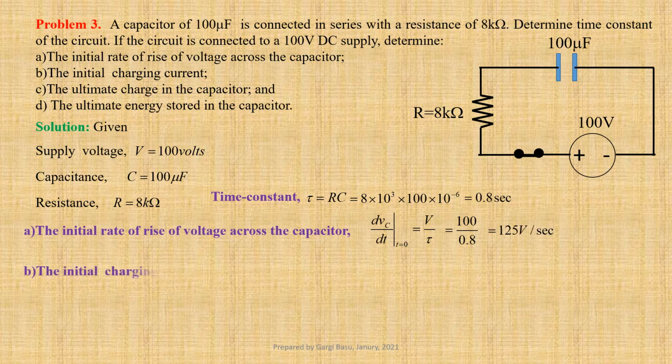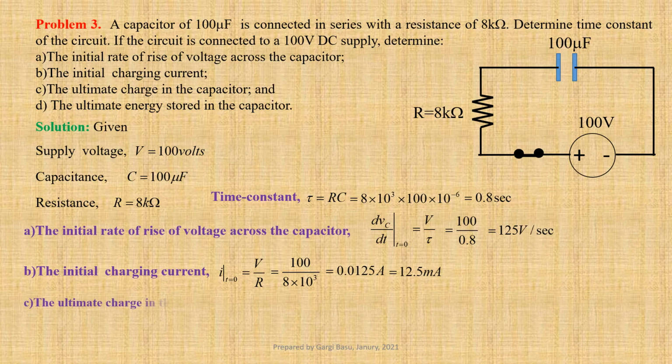The initial charging current I at t equals 0 equals V by R, that is equal to 100 divided by 8 into 10 to the power 3, that gives us 0.0125 ampere or 12.5 milliampere.